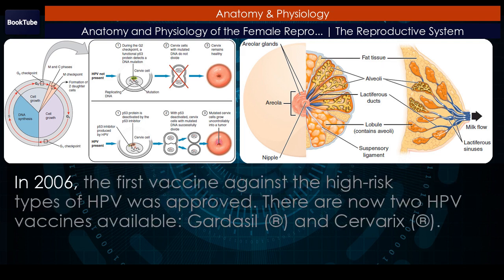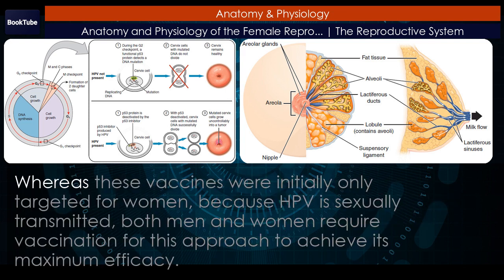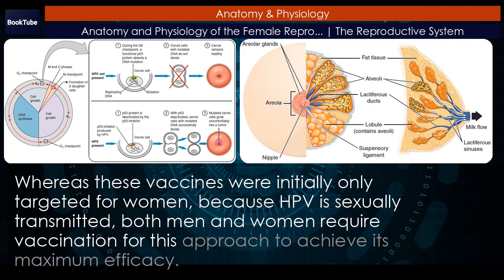In 2006, the first vaccine against the high-risk types of HPV was approved. There are now 2 HPV vaccines available: Gardasil® and Cervarix®. Whereas these vaccines were initially only targeted for women, because HPV is sexually transmitted, both men and women require vaccination for this approach to achieve its maximum efficacy.